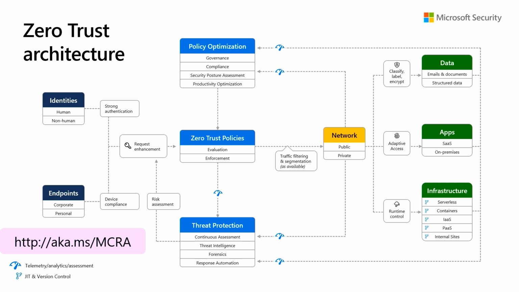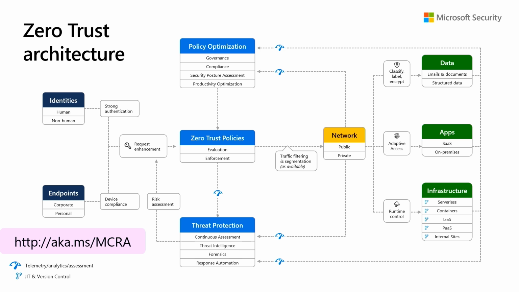Zero Trust isn't just a buzzword. It's a game plan for your whole digital environment. In Azure, it means thinking about security from every angle, from the infra, from the network, from the identity, the endpoints, the app, and data protection. Instead of blindly trusting, you check every request every time using a unified Zero Trust policy.